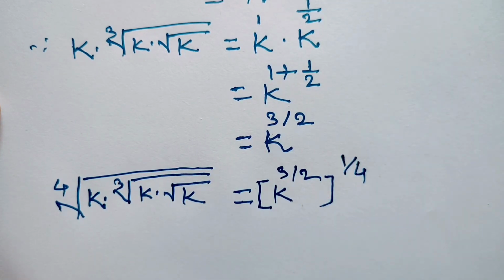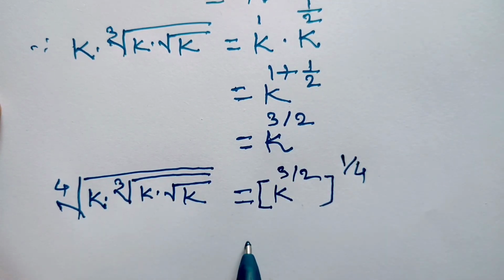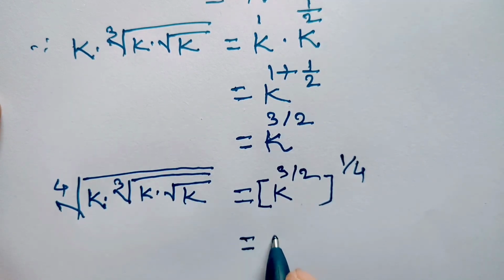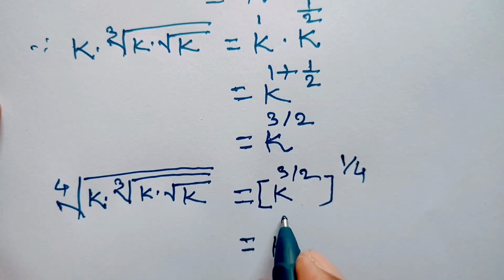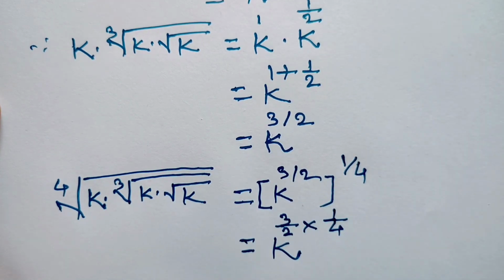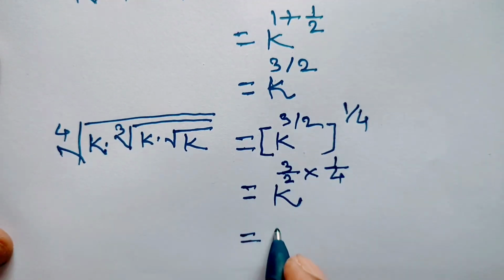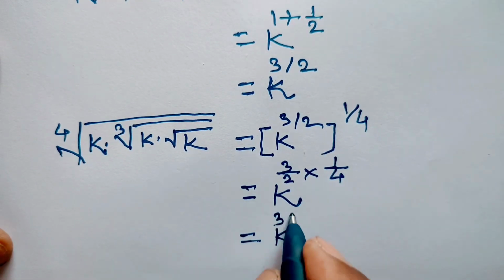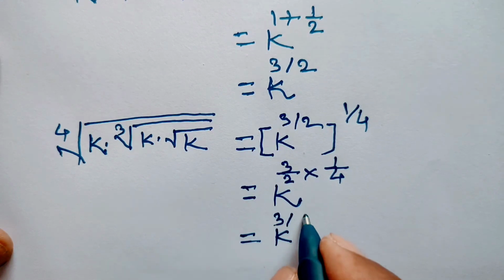Power of power means multiplication of powers. So this is equal to k to the power 3 upon 2 into 1 upon 4, which is equal to k to the power 3 upon 2 into 4, 8.